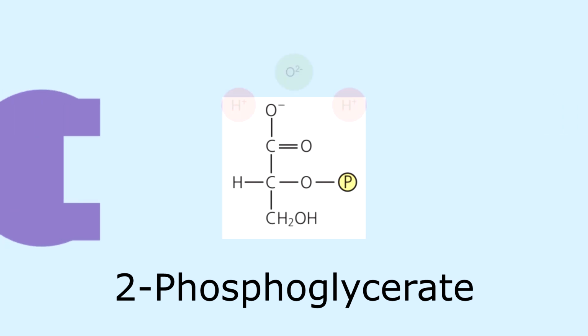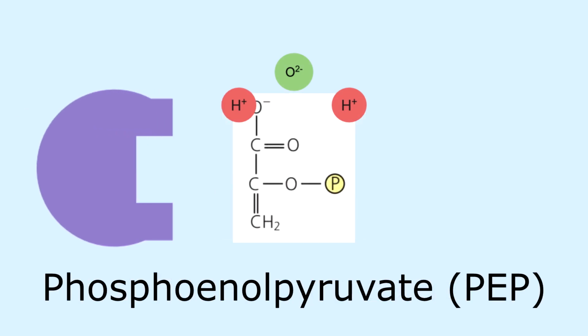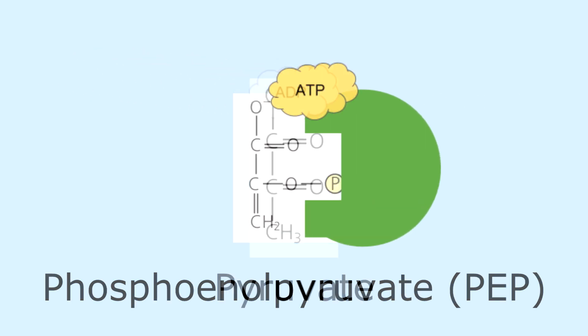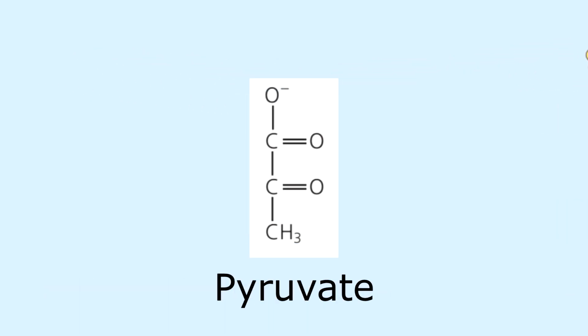Enolase removes 2 hydrogens and an oxygen from this molecule, releasing a water molecule and turning it into phosphoenolpyruvate, or PEP. The final phosphate group is transferred to ADP by pyruvate kinase, producing another ATP. We end up with the molecule pyruvate.